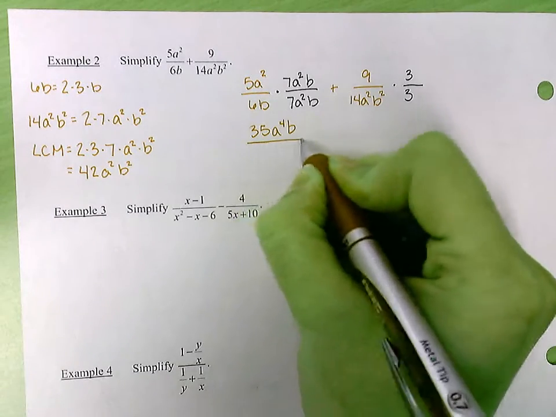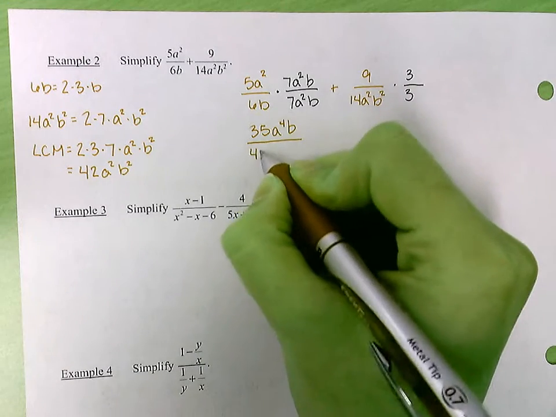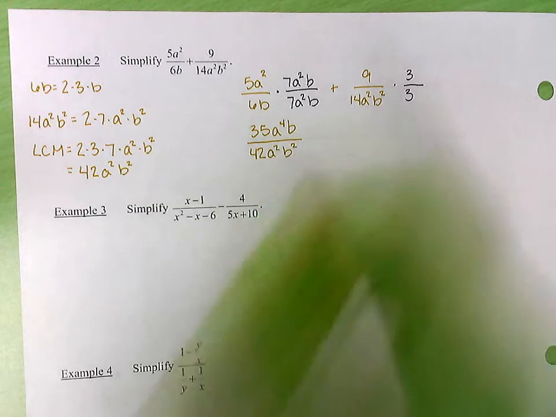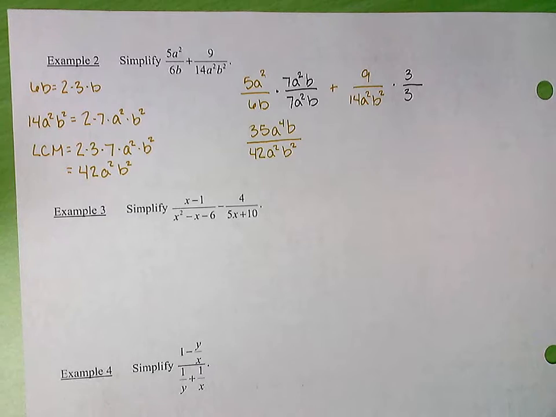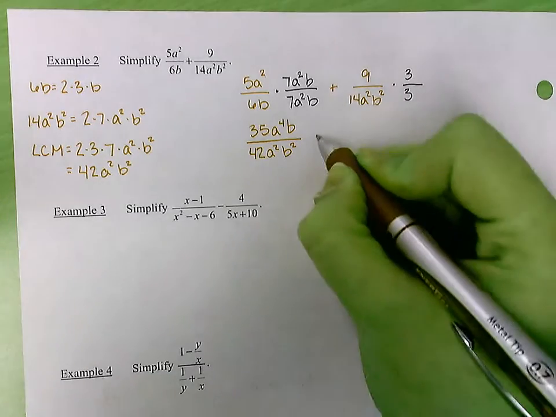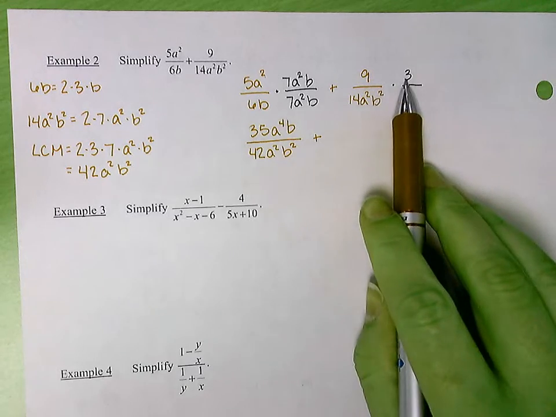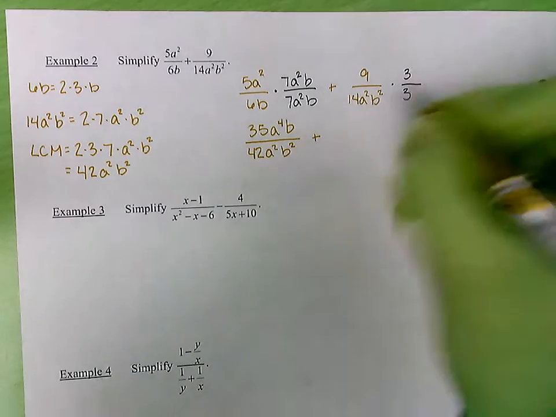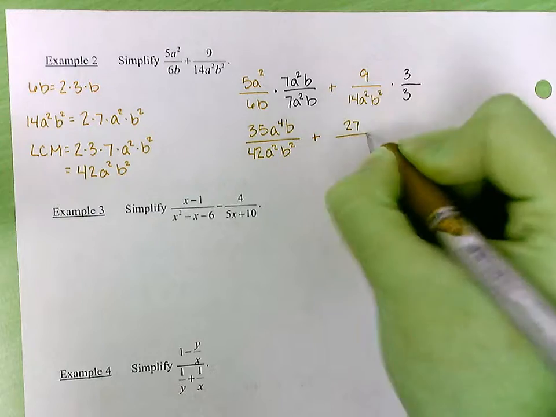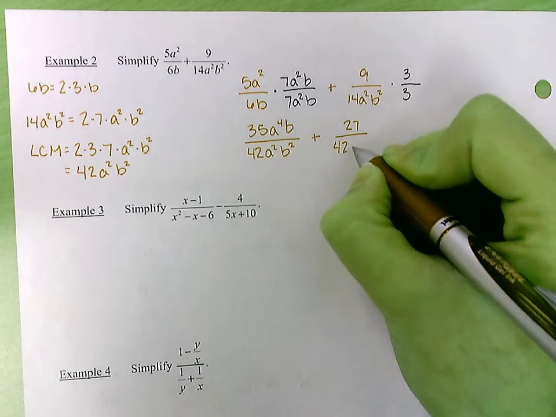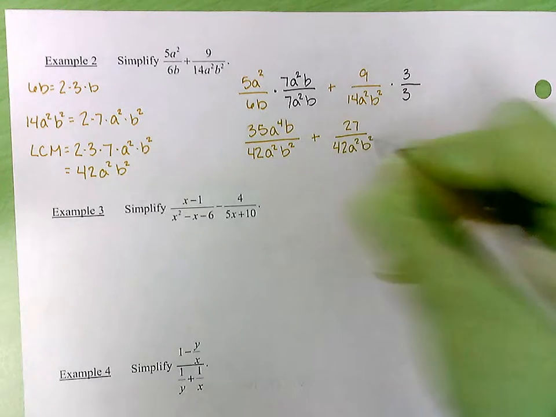Okay, and that should be over our least common multiple of 42 a squared b squared. Okay, I'm adding. Same thing here, multiply straight across. I have 9 times 3 is 27. And again, you should have that least common denominator of 42 a squared b squared.